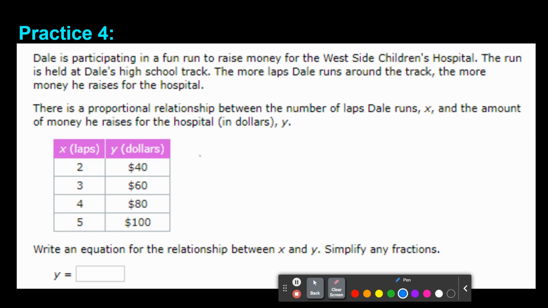I'll take this first one, I'm looking at y over x, so that is 40 over 2. 40 divided by 2 is 20. So that is my constant of proportionality. It is 20. So what is my equation going to be? Well, that constant of proportionality is just telling me what I'm multiplying x by to get y, right? So what does y equal? It equals 20 times x.